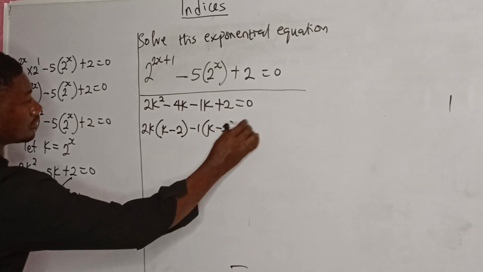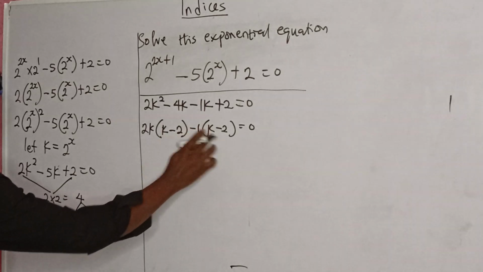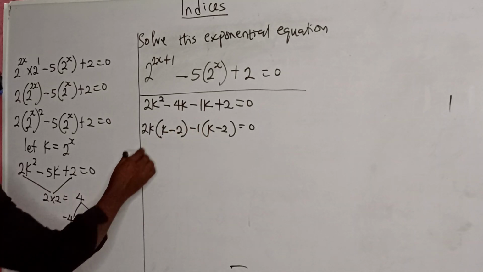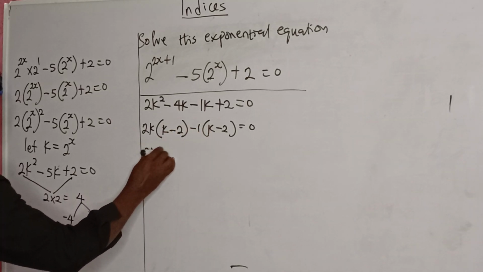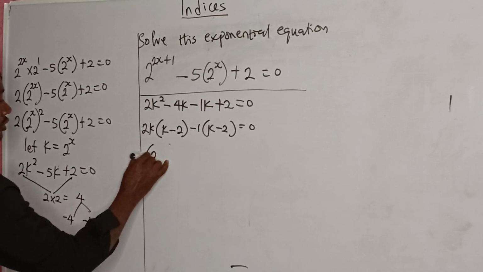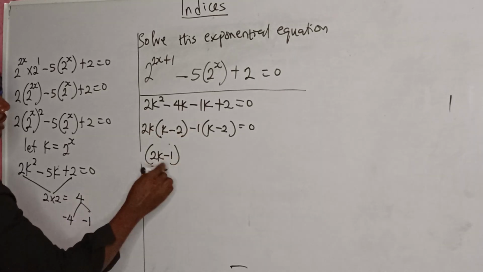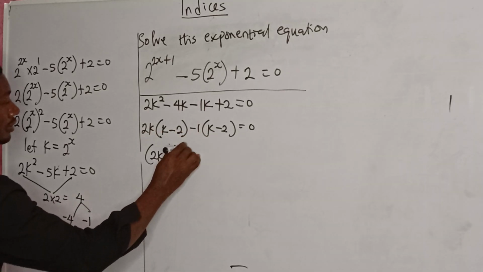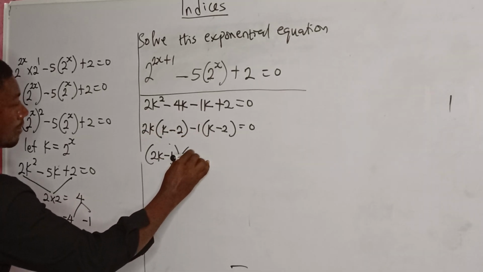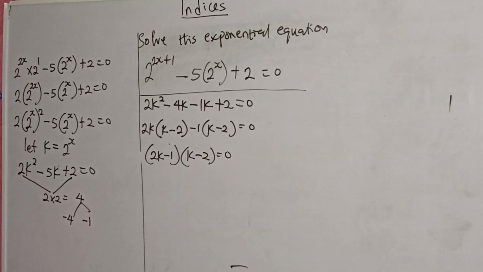We say equals to 0. We pick the outside one and one of the inside bracket numbers. So the outside one is 2k minus 1, which is for the 2k and this minus 1, and then k minus 2, equals to 0.